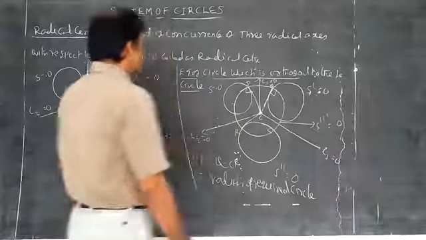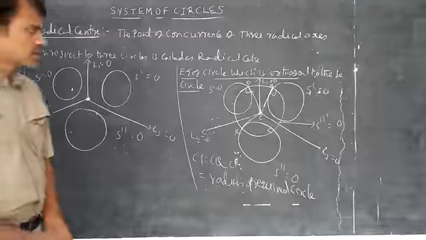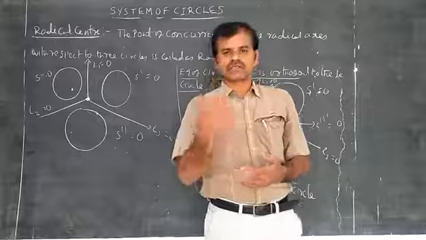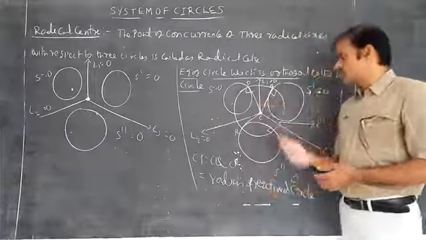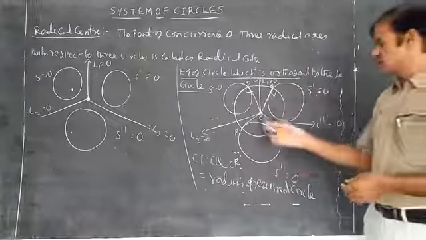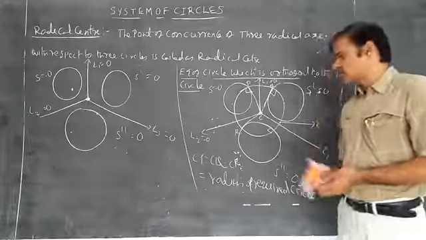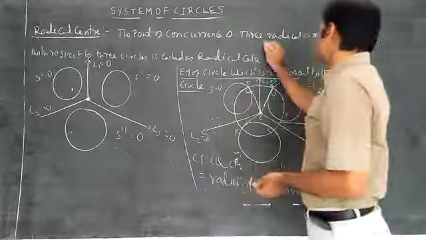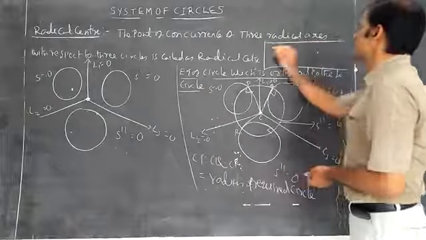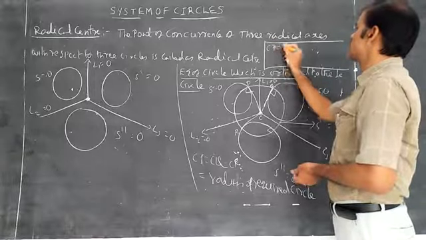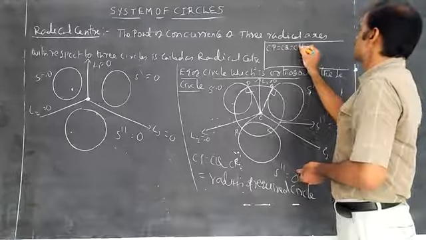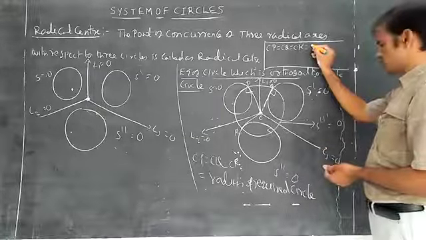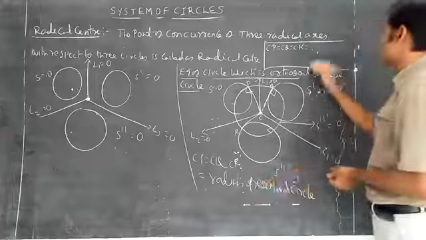So what is happening here? What is CP? What is CQ? What is CR? CP is the length of tangent from the radical center to the first circle, CQ is the length of tangent from the radical center to the second circle, and CR is the length of tangent from the radical center to the third circle. So here you can write CP is equal to CQ is equal to CR is equal to the radius of the required circle.